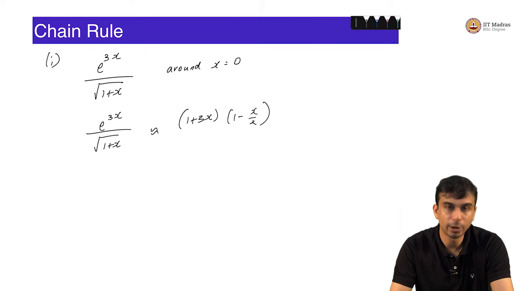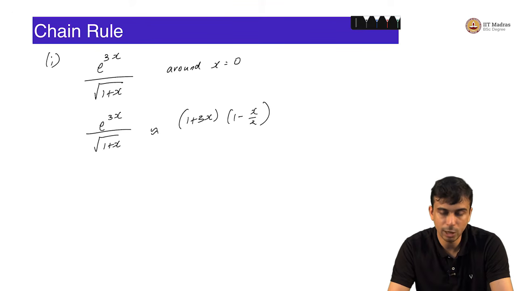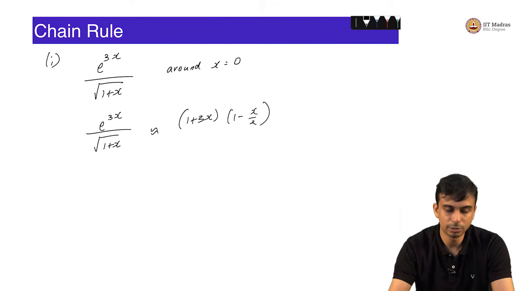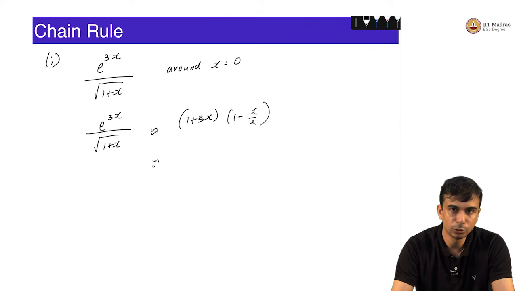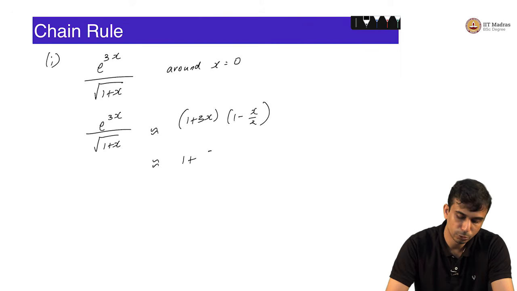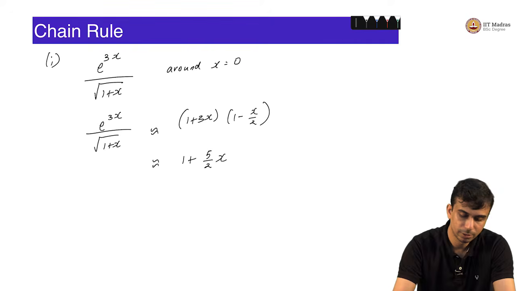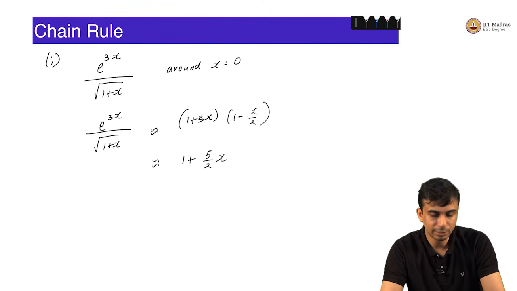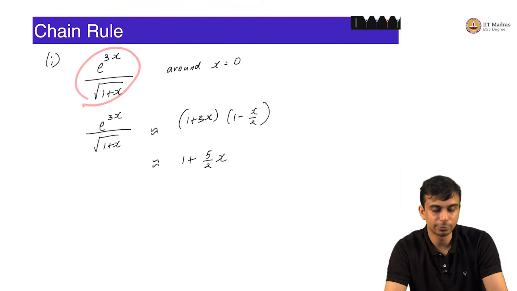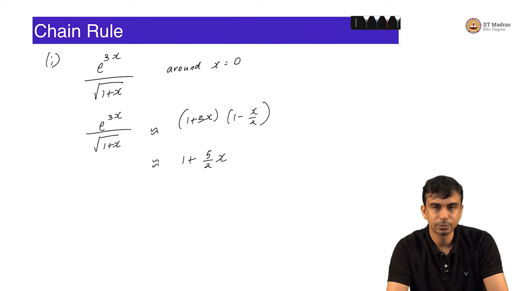So if you do a product, you will have a constant term, a linear term and a quadratic term. The quadratic term you can ignore, which if you do, you get 1 plus 5 by 2 x. You would have gotten the exact same answer if you had found the derivative of this function at x equal to 0, which would be 5 by 2.